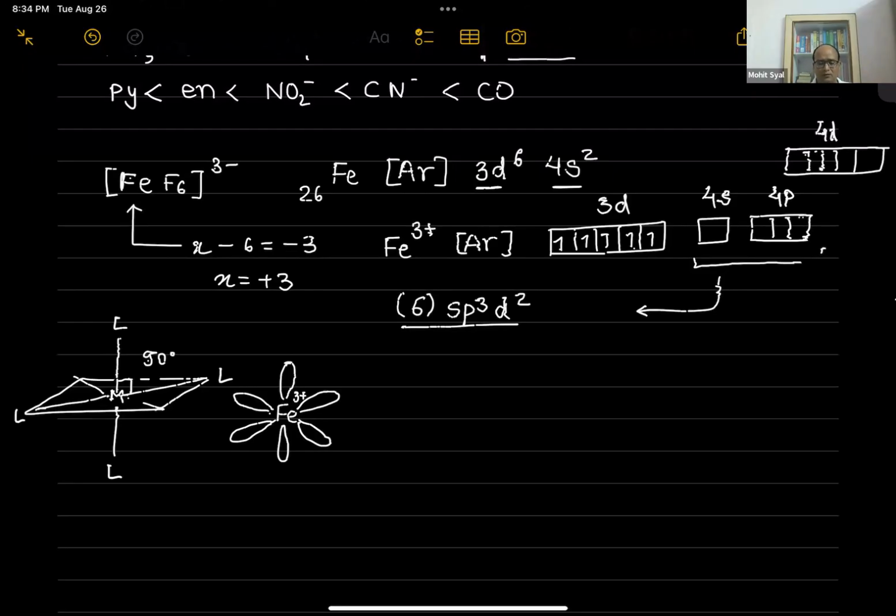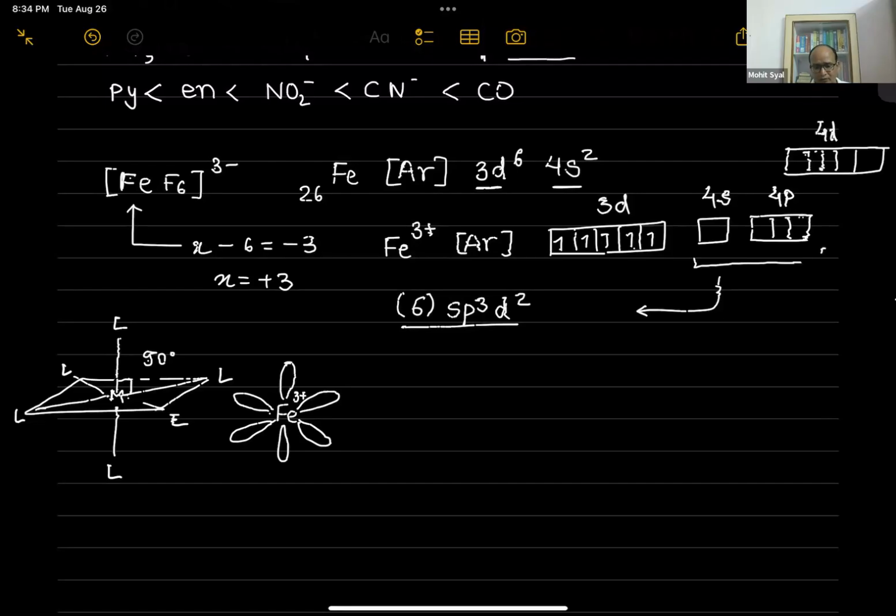So this is ligand, ligand, ligand. L represents ligand. And so we have this iron, and in our example the ligands were F minus.